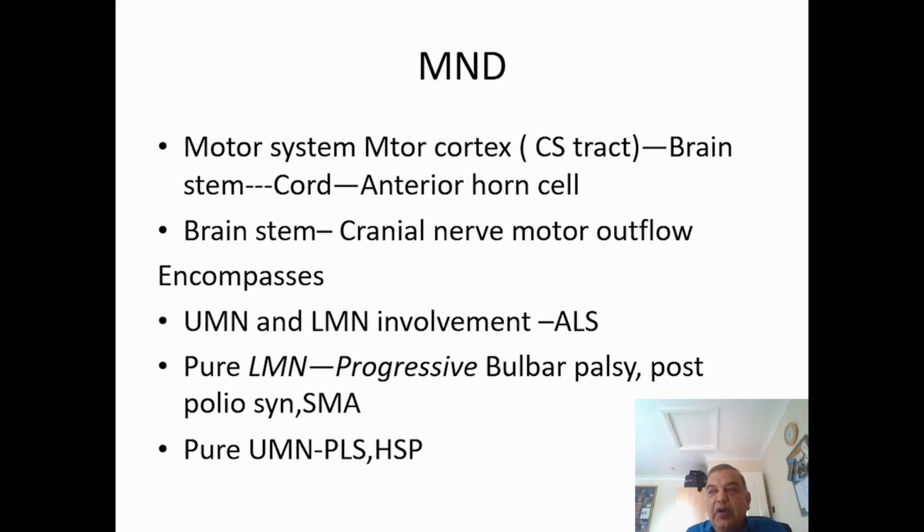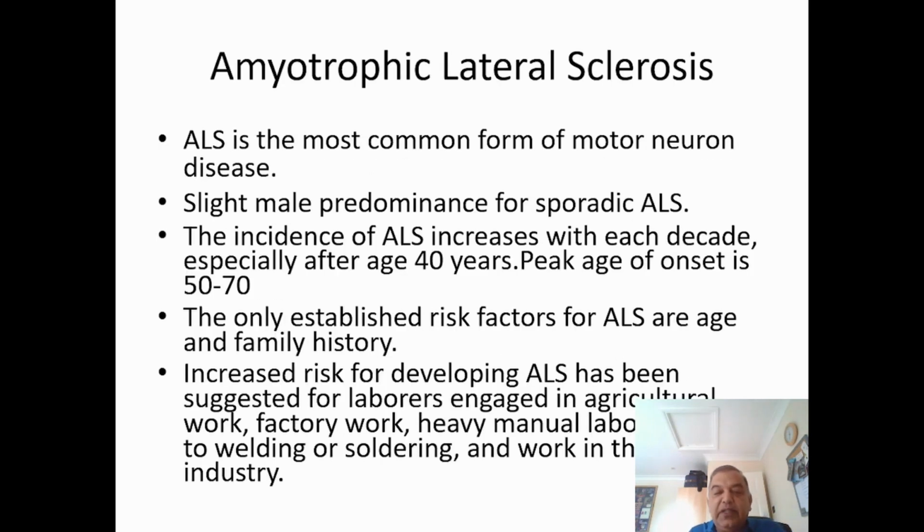And then you can have a pure upper motor neuron type of picture in primary lateral sclerosis and hereditary spastic paralysis or paraplegia. But we'll talk mostly about amyotrophic lateral sclerosis, since that's the commonest form of motor neuron disease that one would encounter clinically.